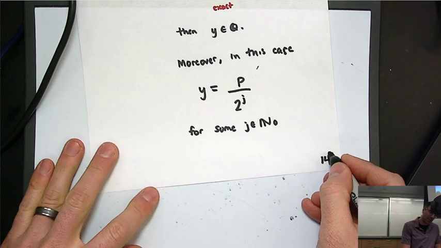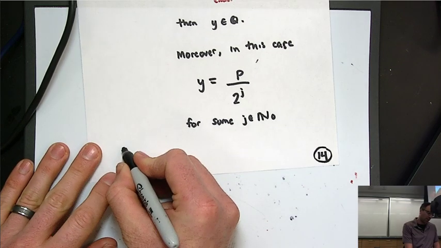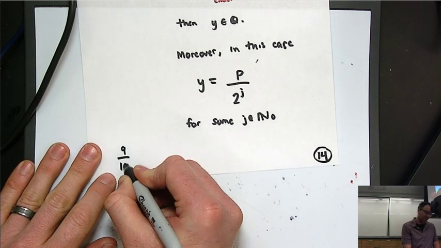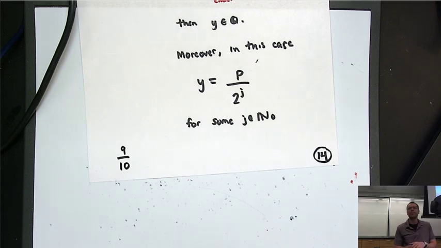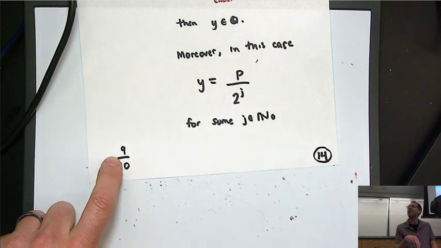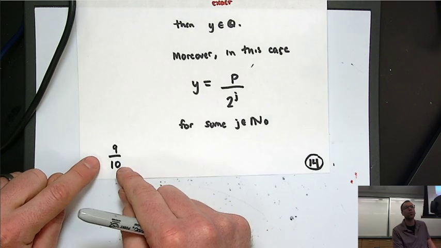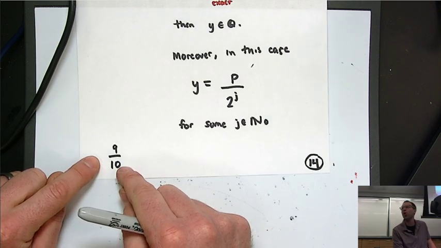Immediately when I tell you this, what do you know about the number 9 over 10? No finite binary representation. What does that immediately imply about if I store this in a computer with a finite number of bits, what do you know is going to be true about that number of bits?